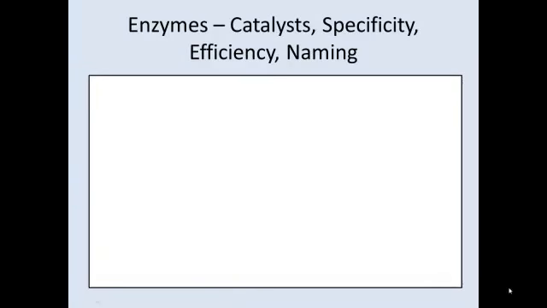Now let's talk about enzymes in general: their function as catalysts, their specificity, efficiency, and naming. A catalyst is a molecule that's involved in a reaction that doesn't undergo change itself. You're all familiar with the term catalytic converter.